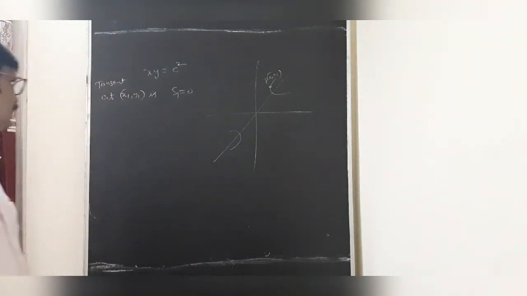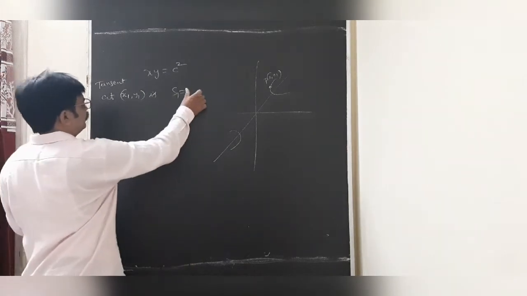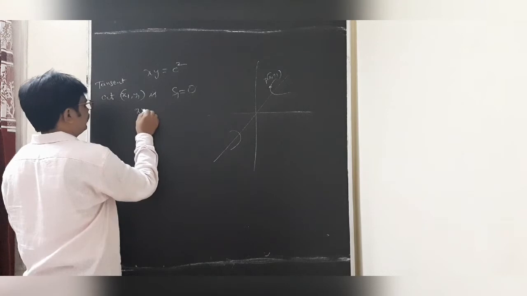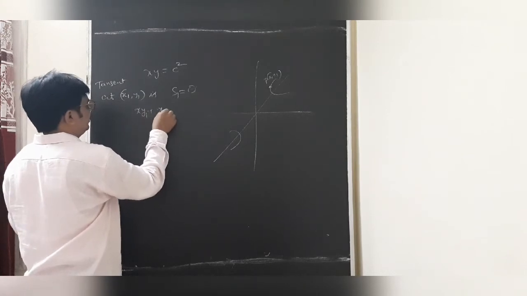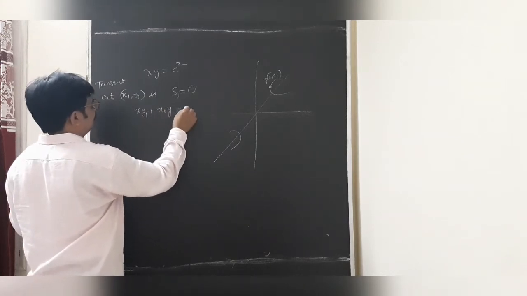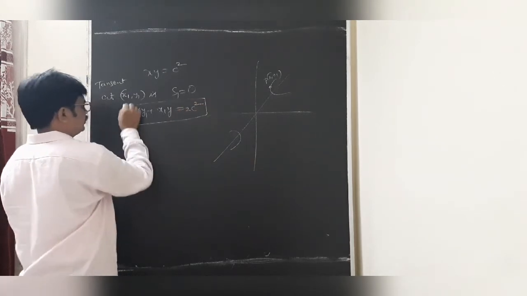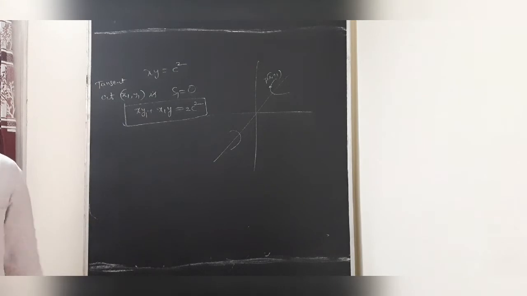So many students can write S1 equal to 0, but how to write it? Dear students, just observe, I wrote it as xy1 plus x1y equal to 2c square.